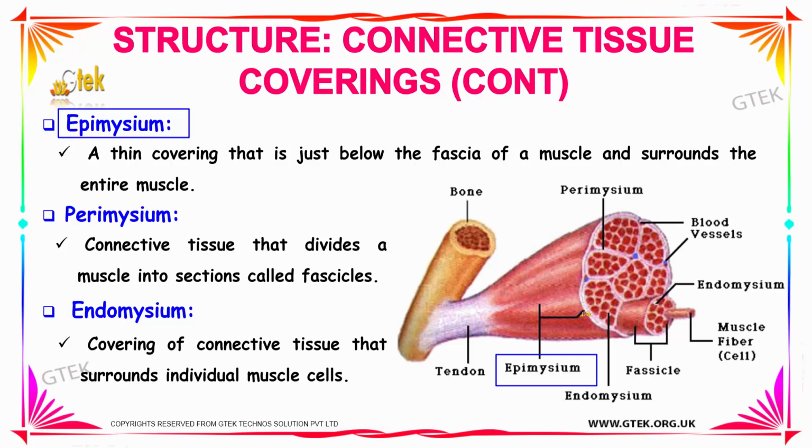That is, the outermost covering is your epimysium, whereas your perimysium is the connective tissue that divides the muscles into sections known as fascicles. So here you are able to see your fascicle and the covering is known as perimysium.